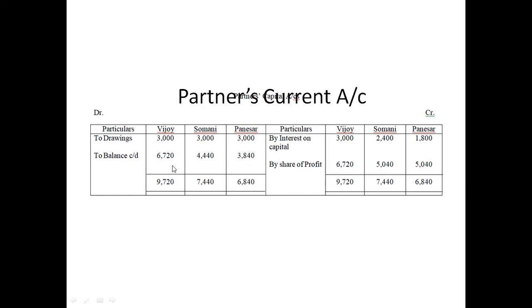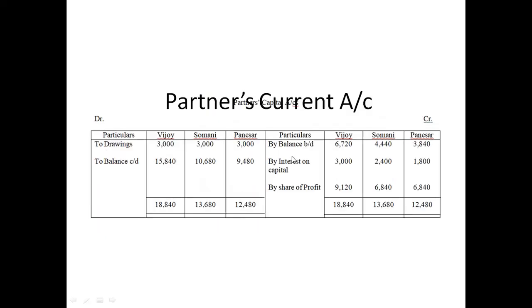We start with this balance, which will be your opening balance b/d in the year 31st December 2019. Then interest on capital. After that we write share of profit. And then we write drawings. After writing the drawings, we will find the balances. Now these are your final balances of the partners current account.